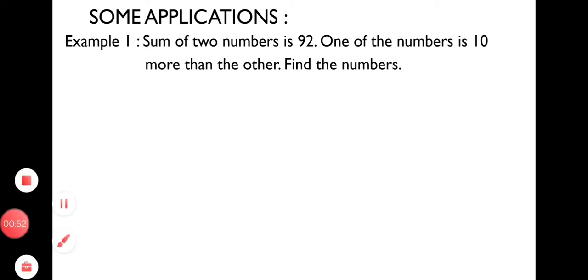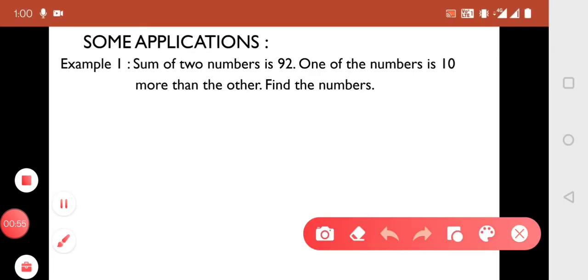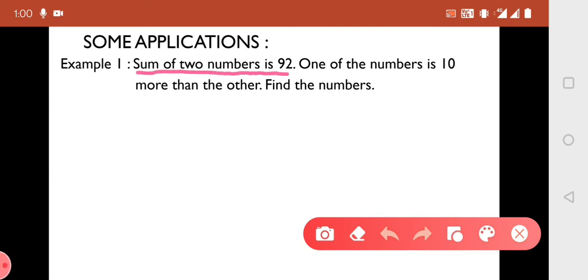Looking at our example number 1, we can see that two different conditions are given. The sum of two numbers is 92, means when we add two different numbers it will become 92.